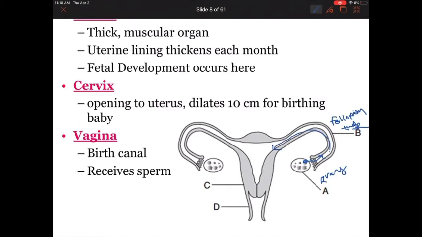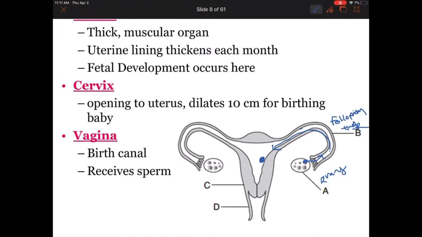If that egg has been fertilized within the fallopian tube, it will implant in the lining of the uterus and develop into a pregnancy. It'll start as an embryo, which will develop into a fetus, and we'll look more at those early stages in the next video.